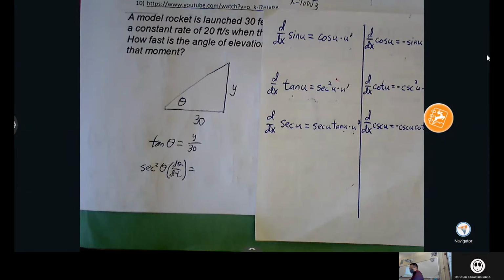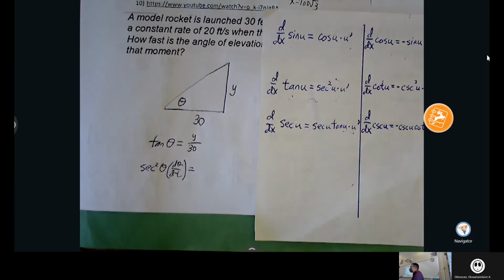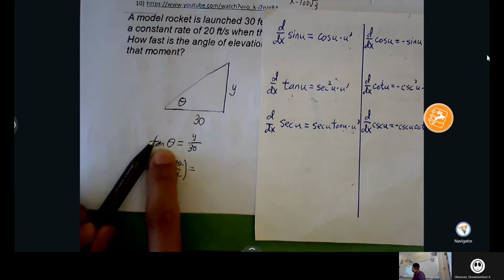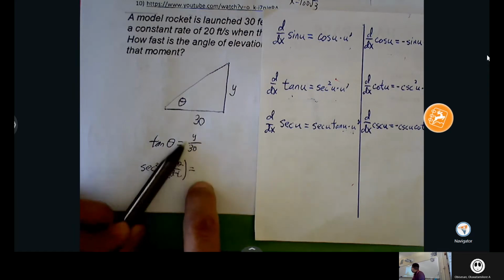The right side is secant squared times theta of that. Or the other side. This side, which you do tan theta and you do d over dx. So we found the derivative from tangent to secant squared, right? So the left side is taken care of, but now we need to find the derivative of y over 30.